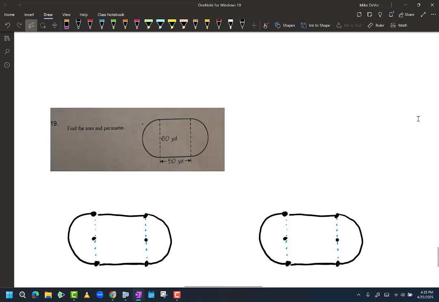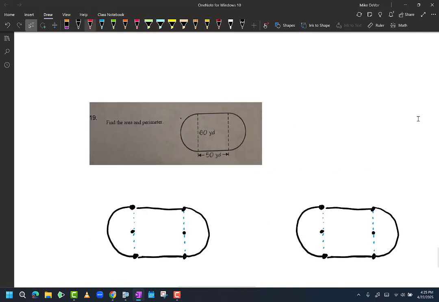Last but not least, this is actually a pretty simple problem, because it says the perimeter. The perimeter is just this length here, this length here. That's 50, that's 50, so there's 100, and those are the two straight sections. Then I have this and this, which turns out just to be a single circle, because these are both half circles.